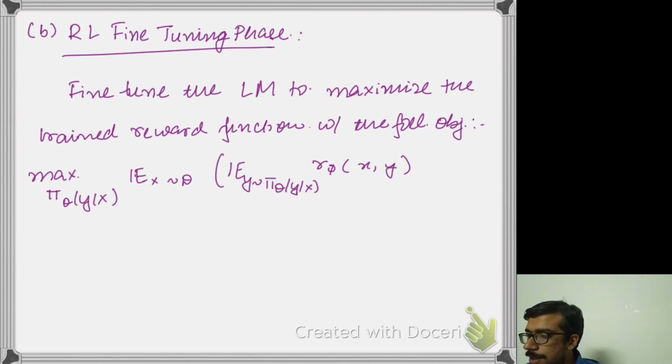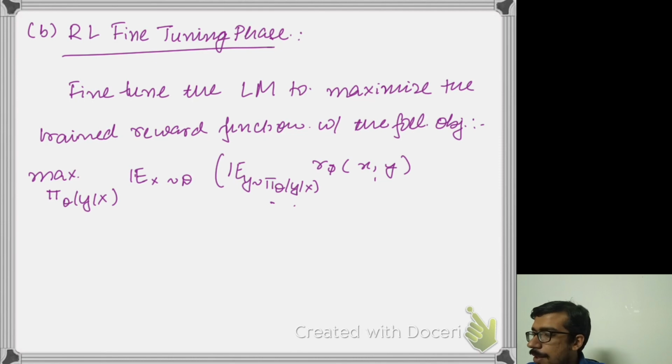So we are going to maximize this expected reward where the expectation is over the language model, right? The probability of a sequence y being sampled conditioned on the input x, right? So we are going to maximize over the set of parameters of the language model, theta.